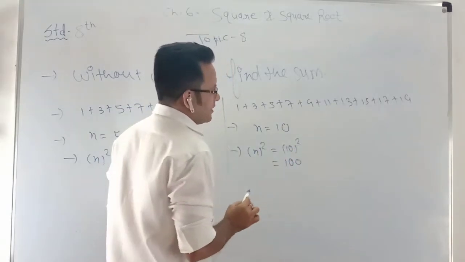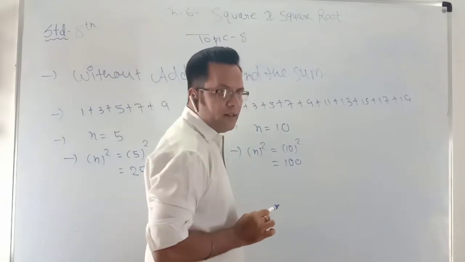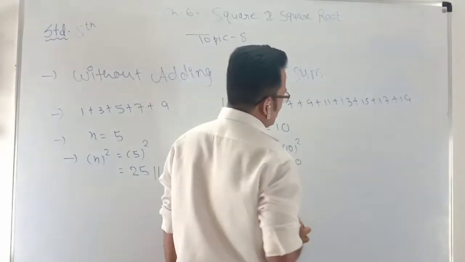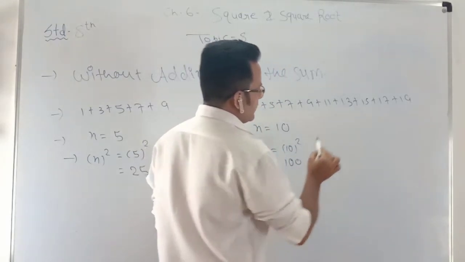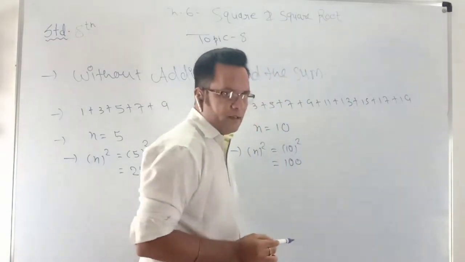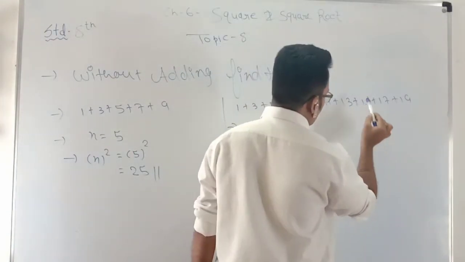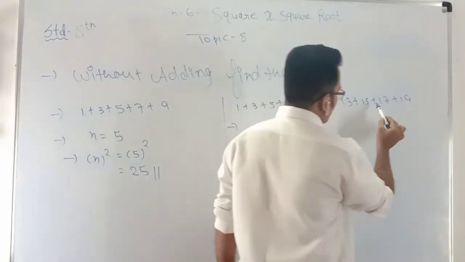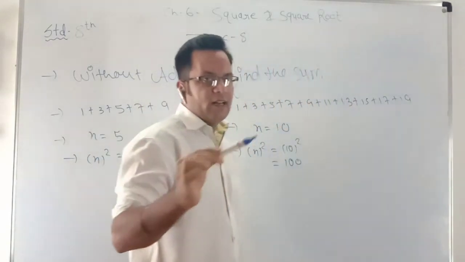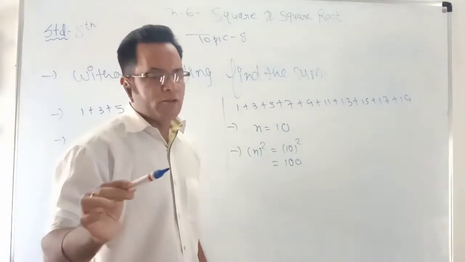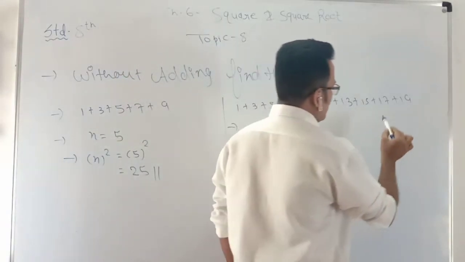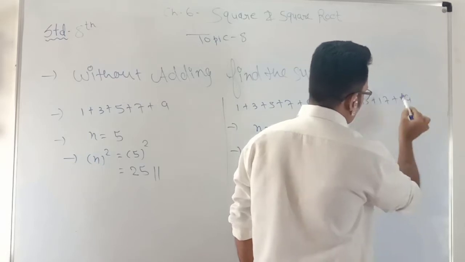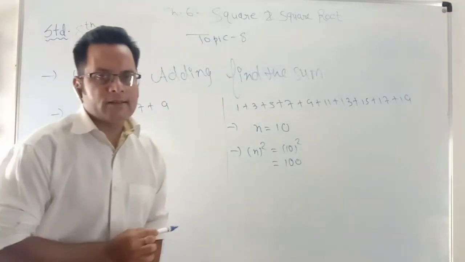Plus 7, 16. 16 plus 9, that is 25. 25 plus 11, that is 36. 36 plus 13, that is 49. 49 plus 15, 64. 64 plus 17, it will be 81. And 81 plus 19, that is 100.